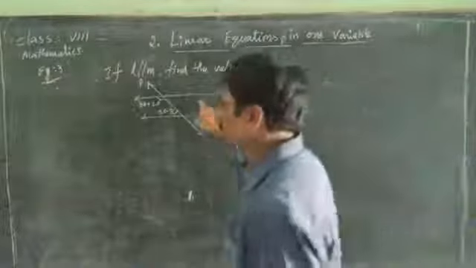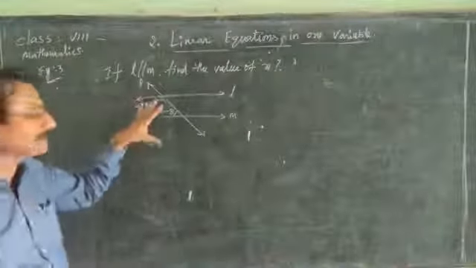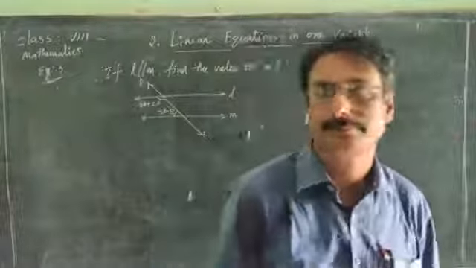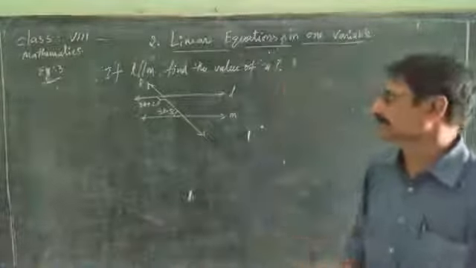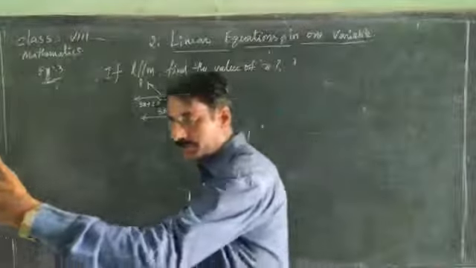Here the drawing is given, you observe the drawing. It is a part of geometry. So it is a connection sum, connected to geometry.